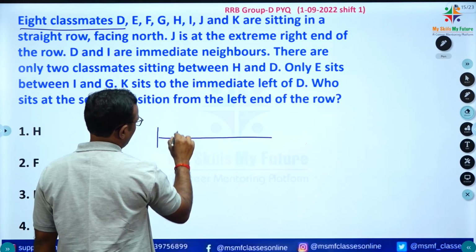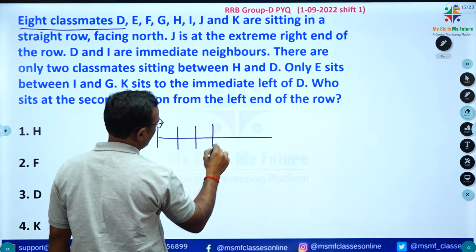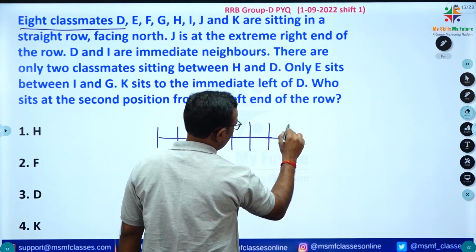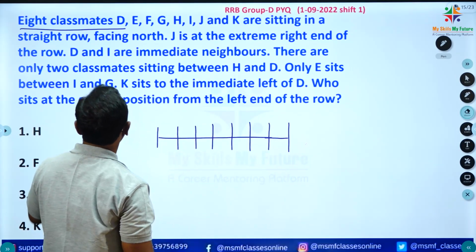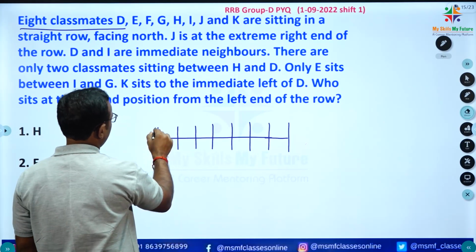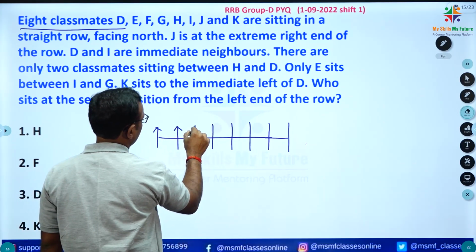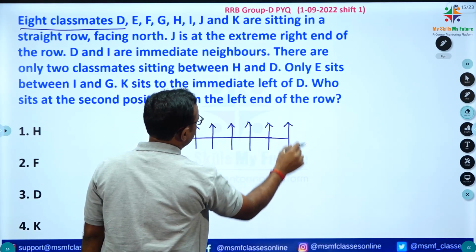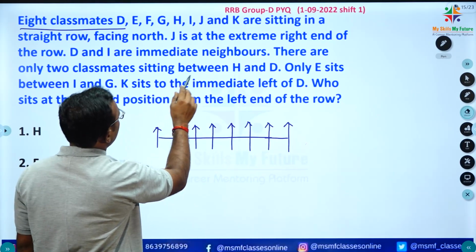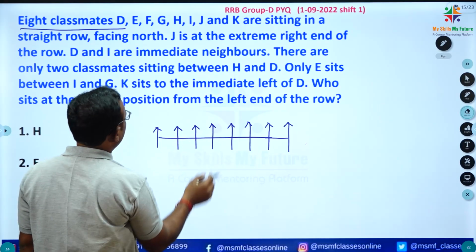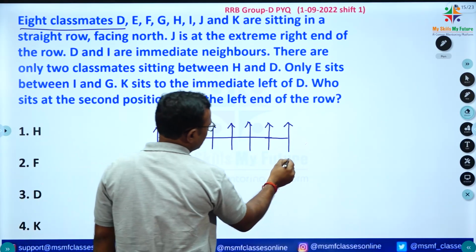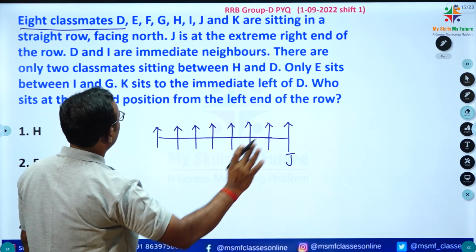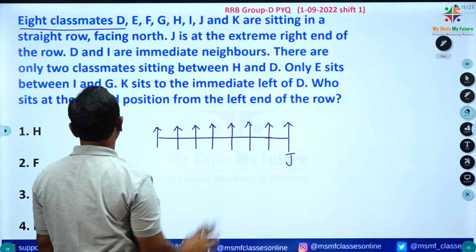So 1, 2, 3, 4, 5, 6, 7, 8 classmates facing north. J is at the extreme end of the row. So we can write J is here, at the extreme right end of the row.